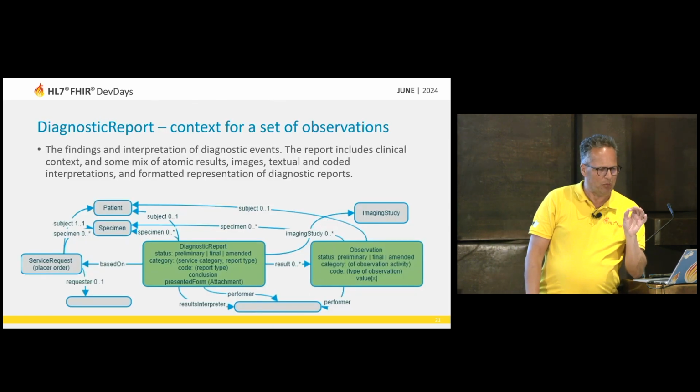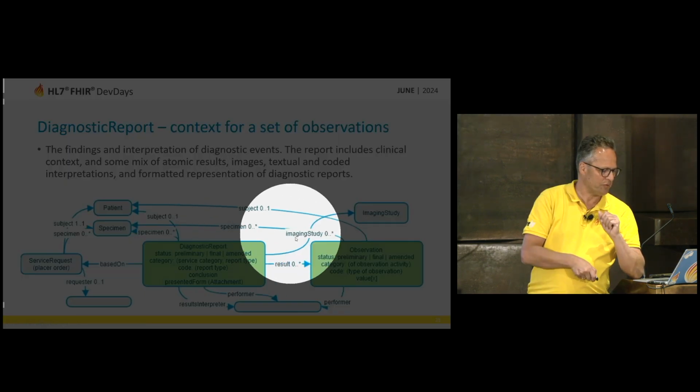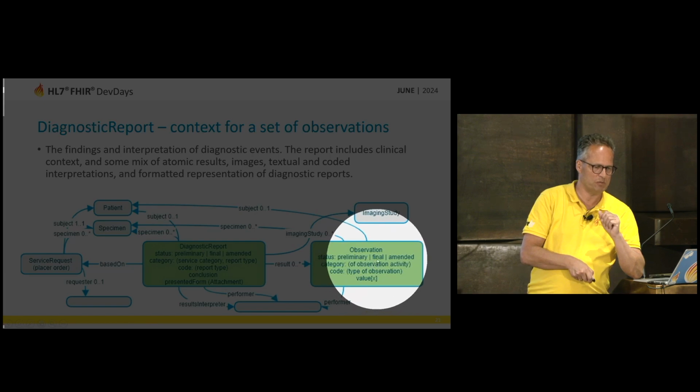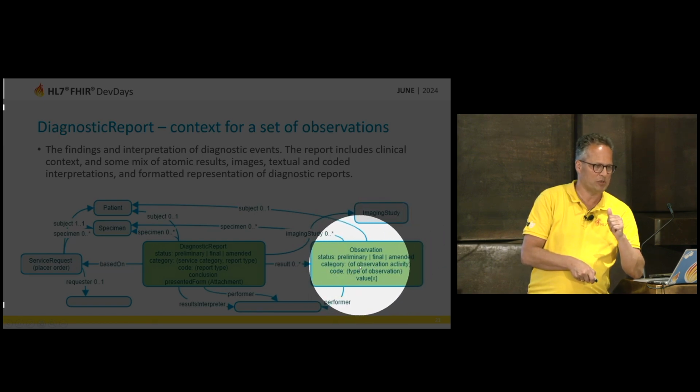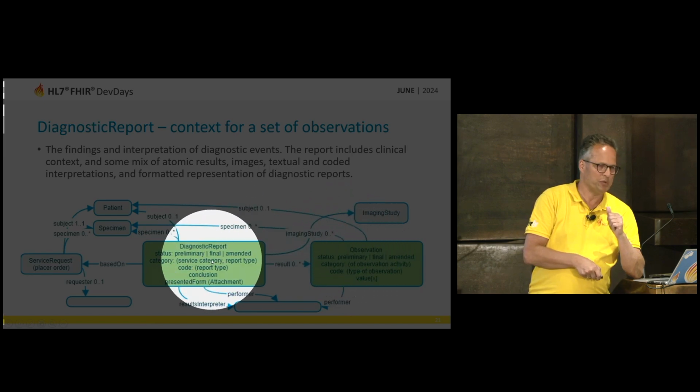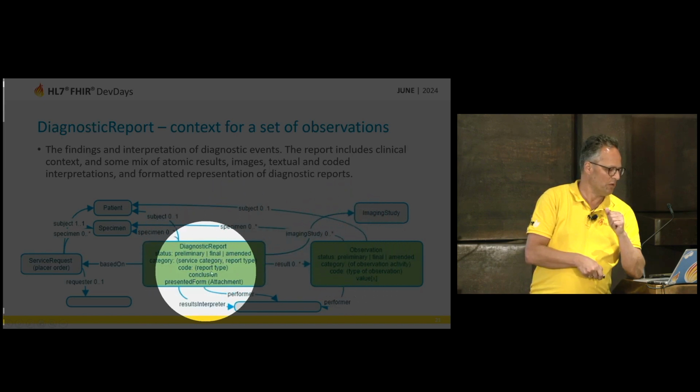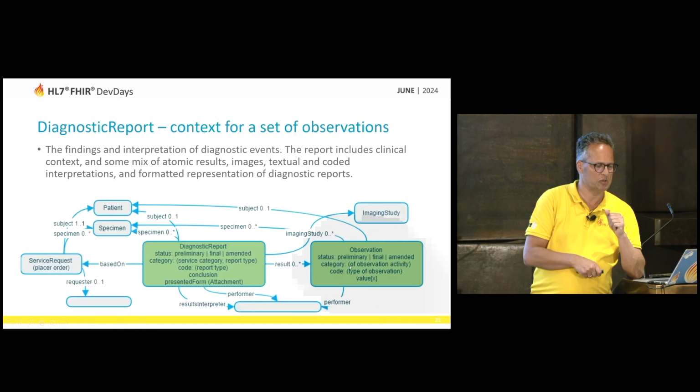Now the grouping thing when it comes to results is diagnostic report. So besides observation, which you already saw, which is basically a code and a value, that's very easy, so very nice for my sodium, but not so nice for these panels. If you want a diagnostic report, then that's a grouper of multiple observations.